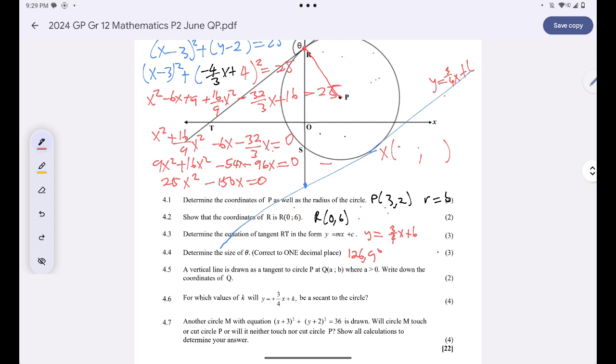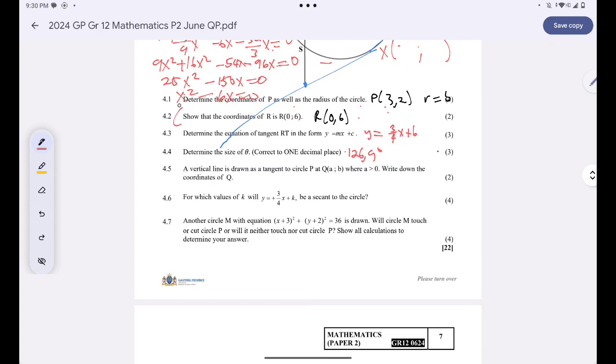For 4 marks though, I can divide both sides by 25. I'll have x squared minus 150 divided by 25 is 6. So I have x squared minus 6x is 0. x is 0 or x is 6.